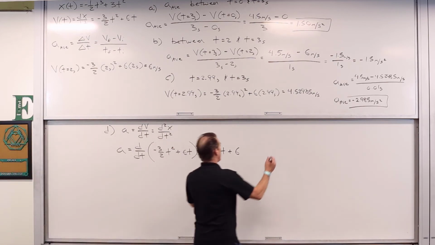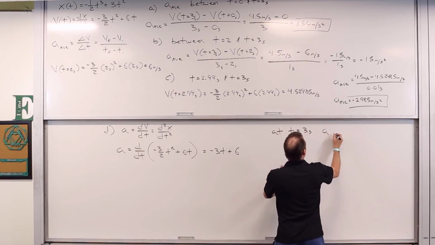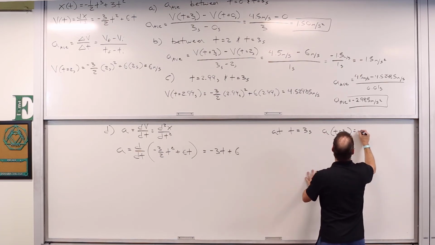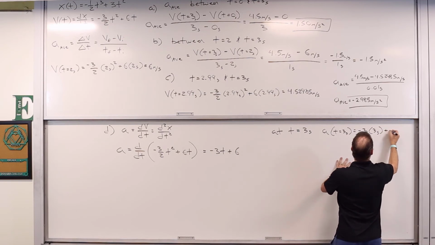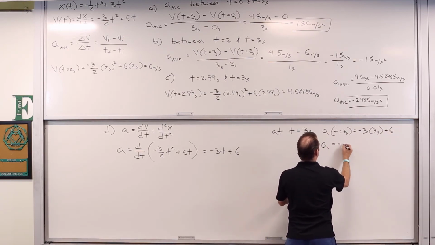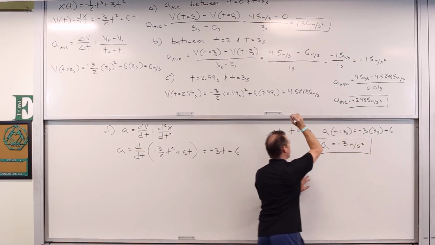And then we just evaluate it. At t equals 3 seconds, a is equal to negative 3 times 3 seconds plus 6, which is a equals negative 3 meters per second squared.